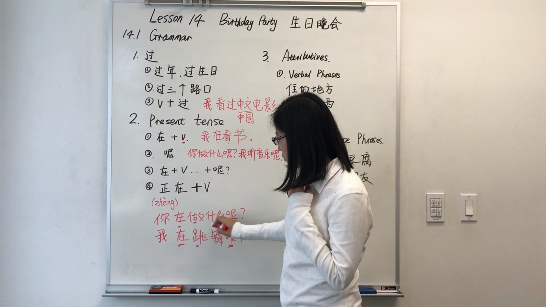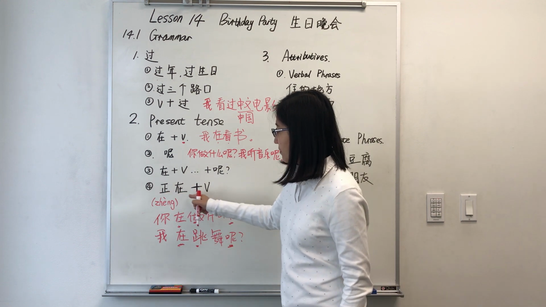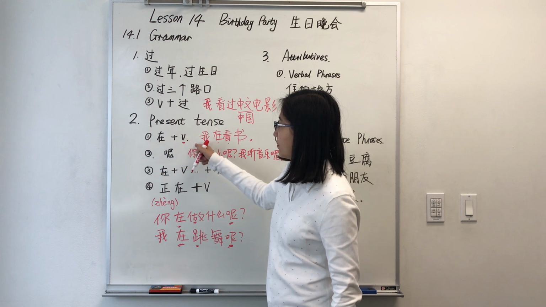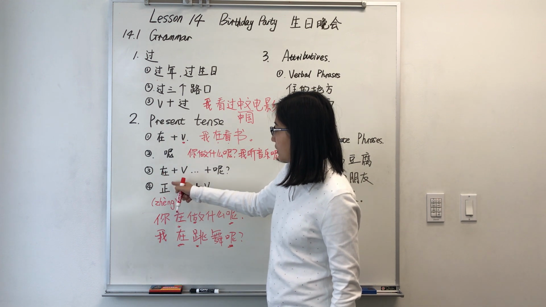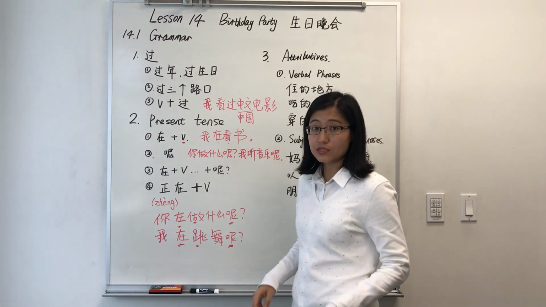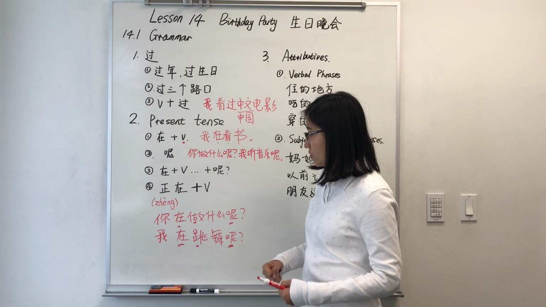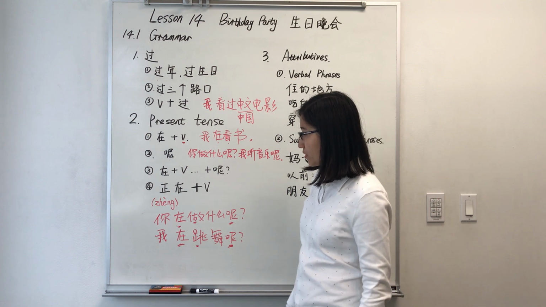Next one is 正在 plus the verb, like this one, but replace the 在 with 正在. It has the same meaning. 正 means the thing you are doing right now.